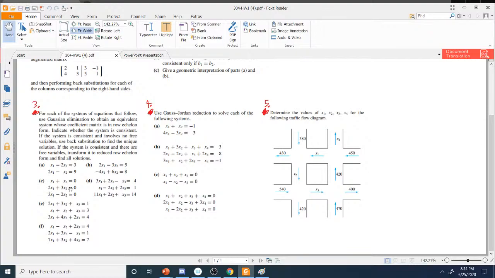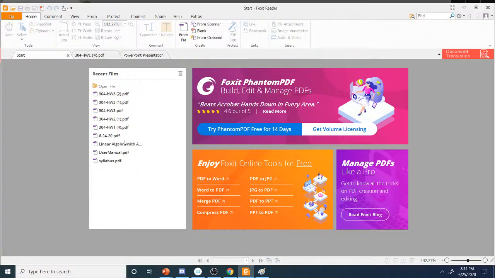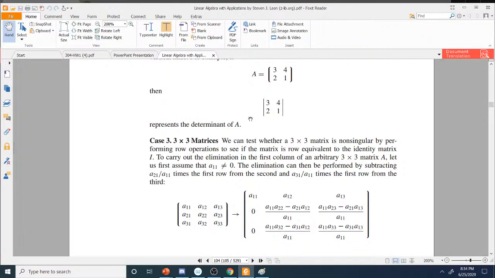C here is an example of an overdetermined system, whereas B here is an underdetermined system. But they're not sketched out exactly. So let's say we look at this.